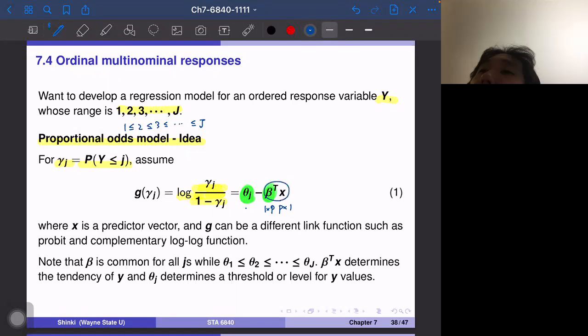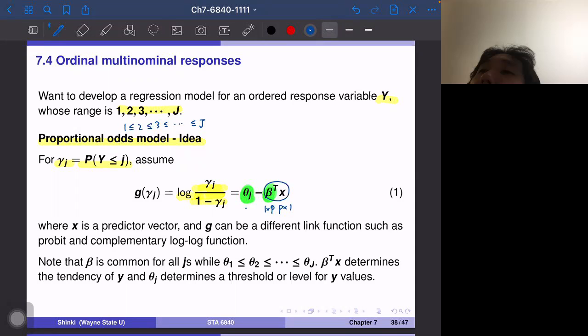So basically this part, beta transposed x, represents the tendency of y. It's a kind of a good indicator for y. So for example, y is the economic condition. Maybe 1 is the recession, and 2 is not working very well, and 3 is maybe they're doing better, and 4 is maybe the bubble or something.